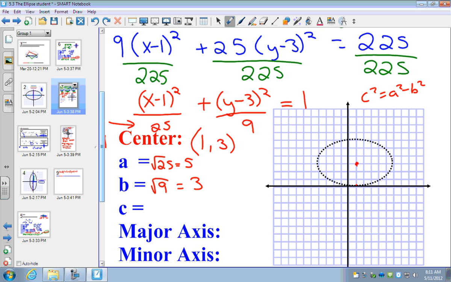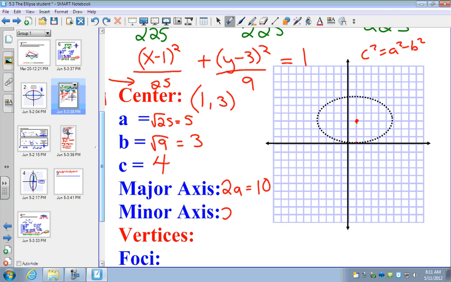So 25 minus 9 is 16. The square root of 16 is 4. The major axis is 2a, so 2 times 5, which is 10. The minor axis is going to be 2b. 2 times 3 is 6.